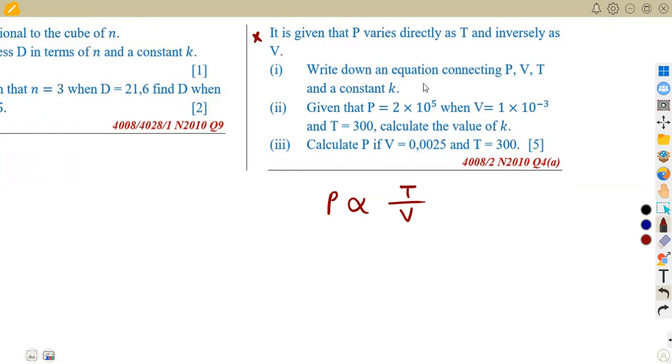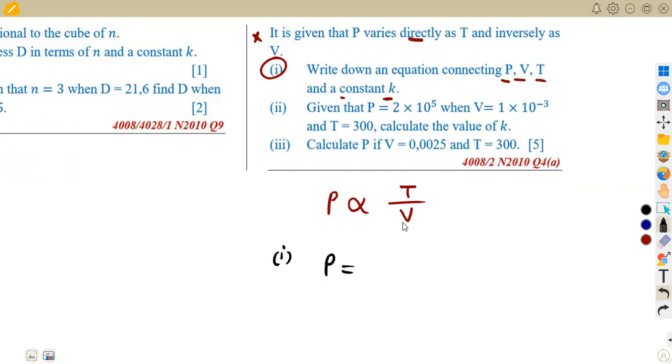All right. So we are having 2 variations, the one that is direct and the other one inverse. So T is direct, V is inverse in the denominator, 1 over. Item 1, write down an equation connecting P, V, T, and a constant K, meaning to say we are supposed to have the constant in our answer.